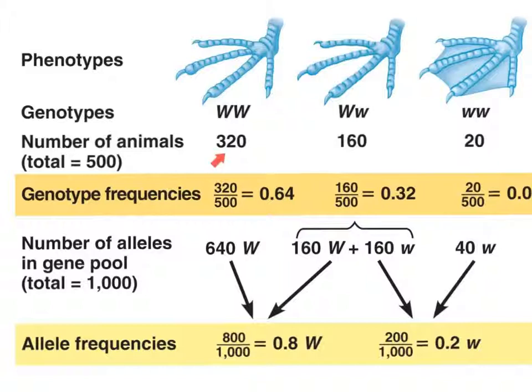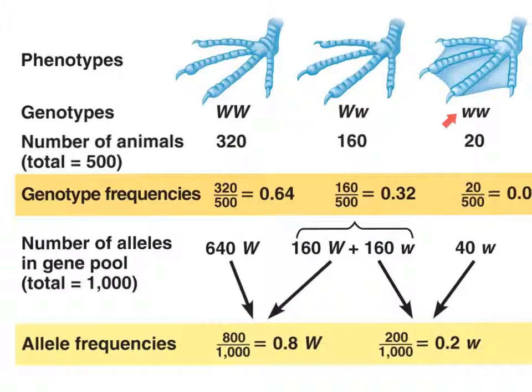So because we have 320 that are big W, big W, we multiply 320 times 2 to get the total number of big W's present. That will be 640. We also have to count this 160 W's right here. We add it up and we get 800. So 160 plus 640, 800.